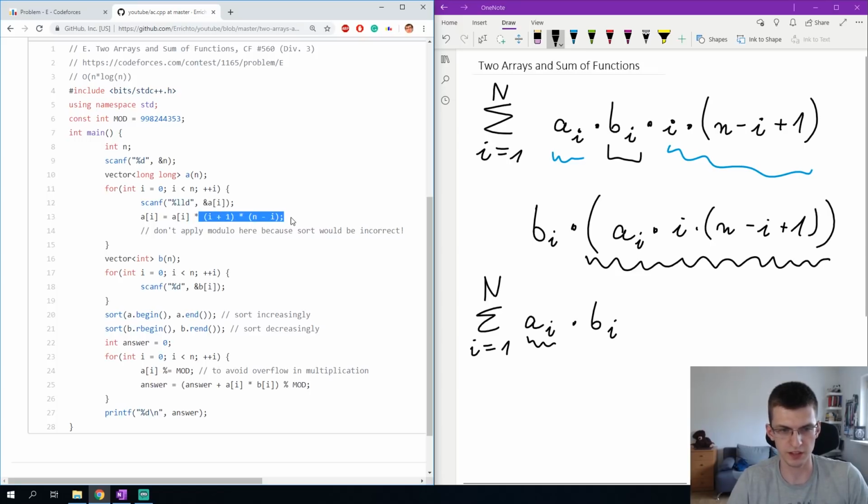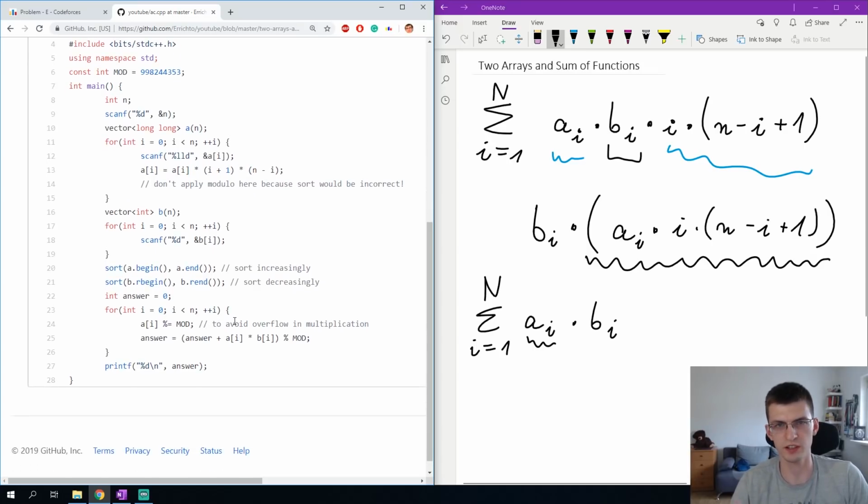After using the index this way, I now can forget about indices. This is why I sort A increasingly, B decreasingly, and now I can match them one by one. Or I could sort both increasingly and then take the first of A with the last of B, and so on.